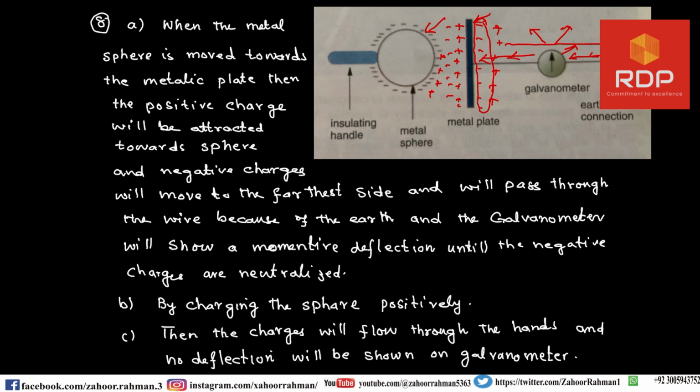And when it is neutralized, the plate will not show its behavior of charging, because this sphere is already neutralized. It means no excess charges are there. So the galvanometer will neither show deflection in one direction nor in another. The nutshell is the charges will flow through the hands, and no deflection will be shown on the galvanometer.